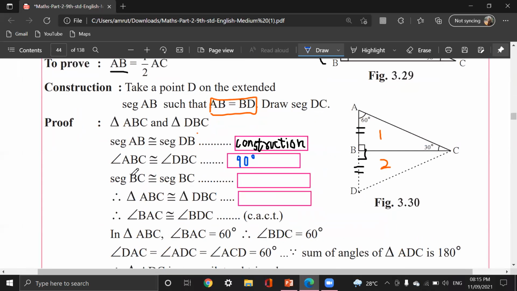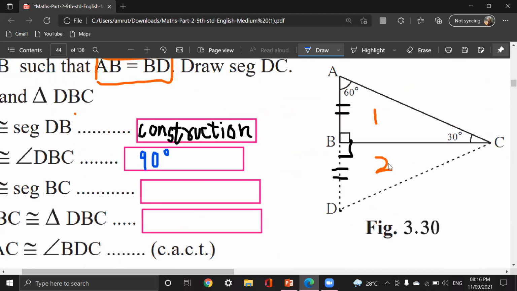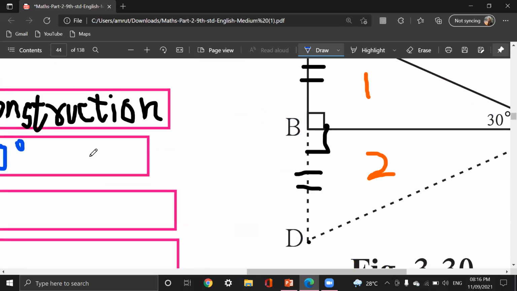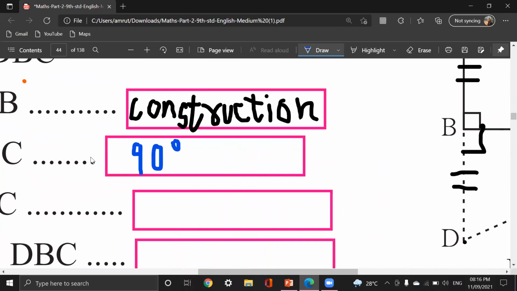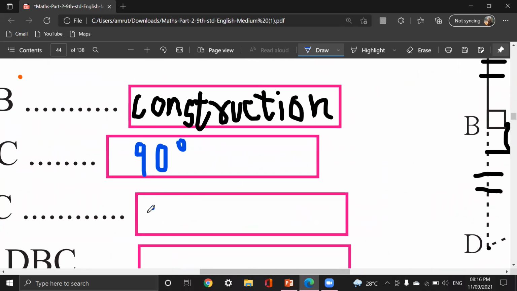Okay. Now segment BC is congruent to segment BC. Why? Because this segment is common for triangle 1 and triangle 2. So what do we have to write down in the reason? That they are common. So I can write down here common side.